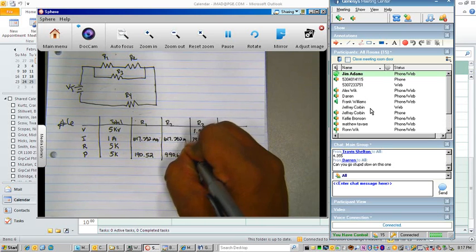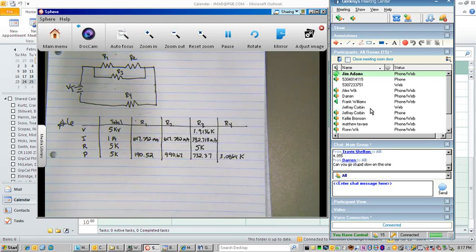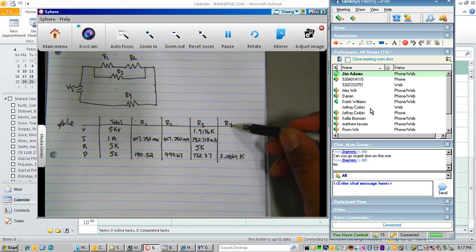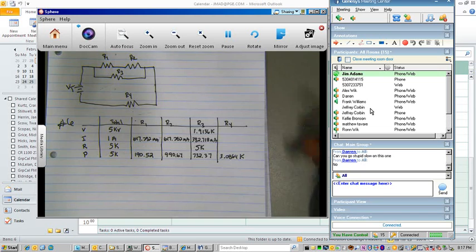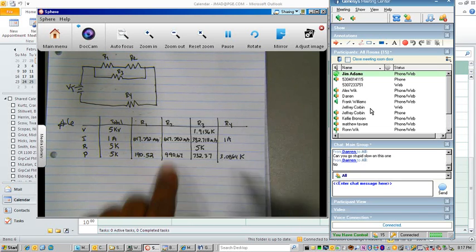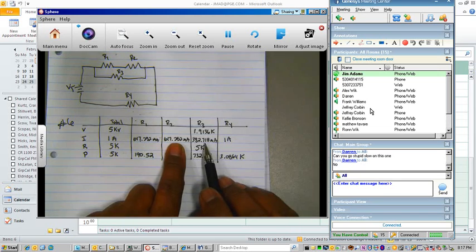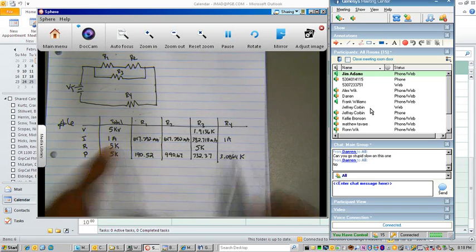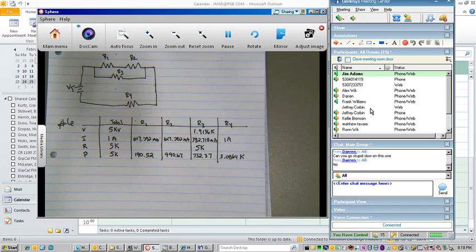R3 is 5K, and the total is 5K, so we're still good. Because R3, since it's in parallel, is going to be less than 5K.